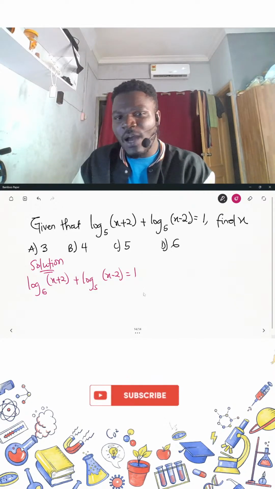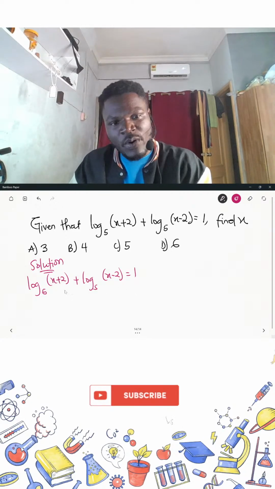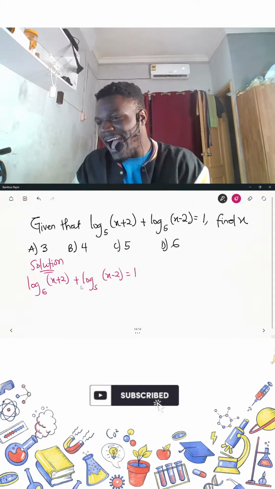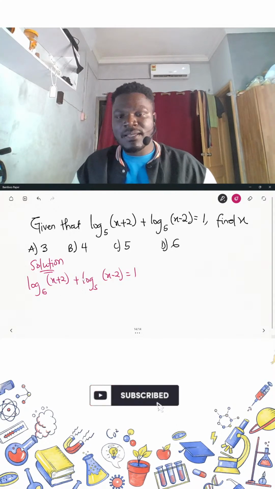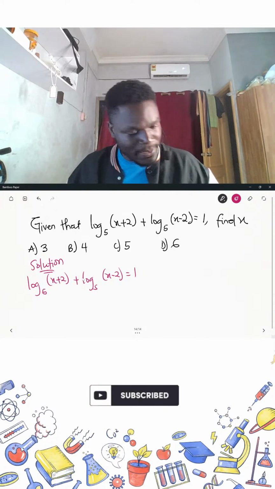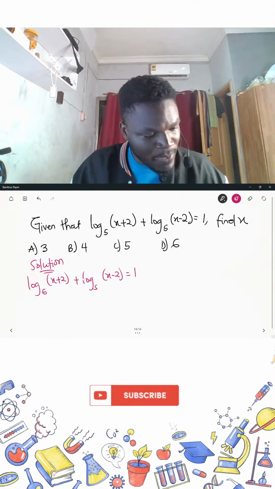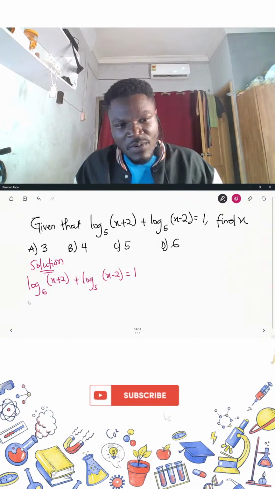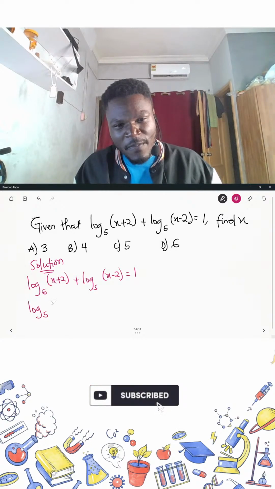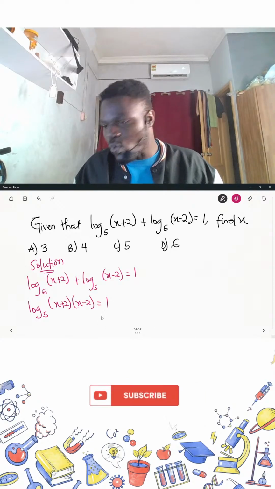Okay, so now that we have this, in logarithm, when you have log of the same base and they are adding, it means you multiply. Are we okay? It means they are multiplying. So all this, I can rewrite it as log base 5 of x plus 2 multiplied by x minus 2, and this is equal to 1.